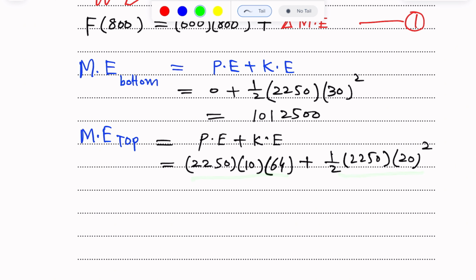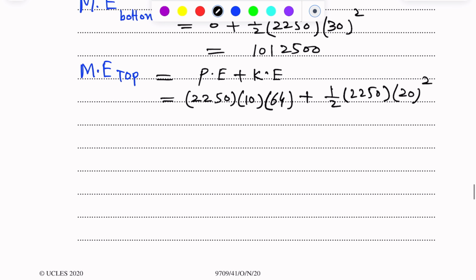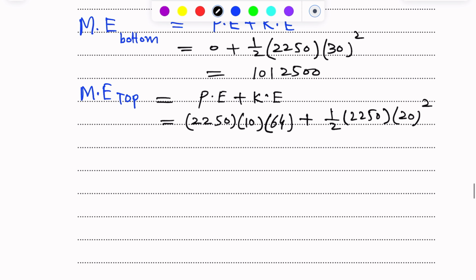After calculation, adding these two terms, we get 1440000 plus 450000.